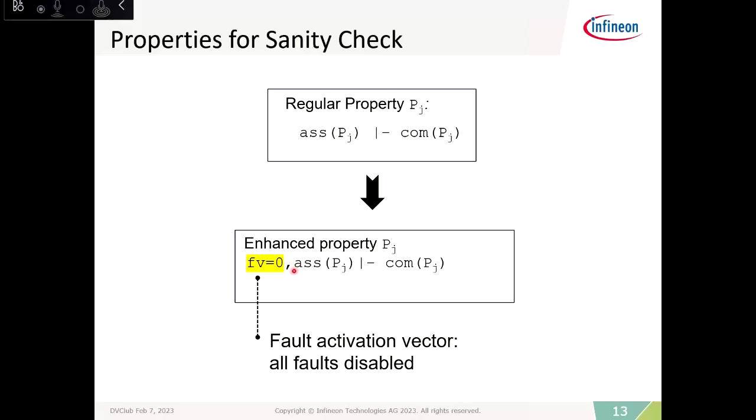So this is the enhanced property, which now contains an assumption about the fault enable vector, which for the sanity check has to be set to 0. So none of the faults is activated, and then we expect that the previously holding property will be proven again.